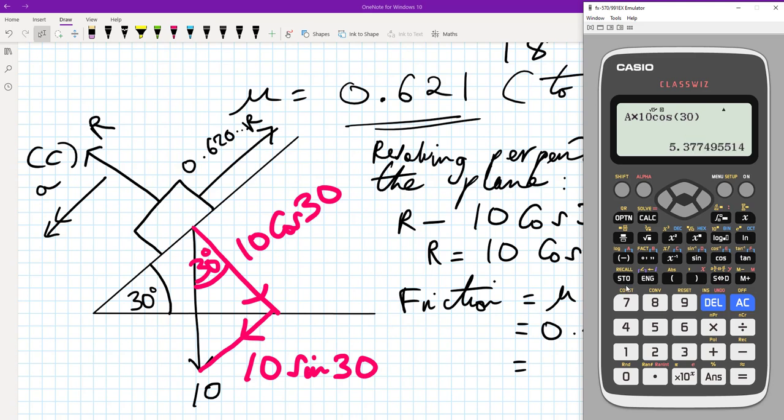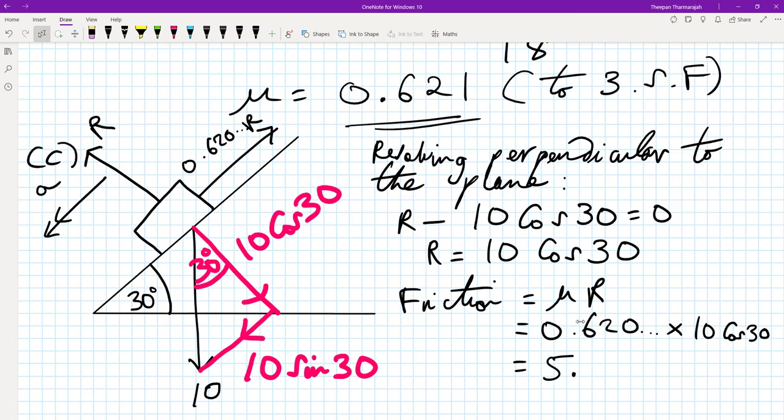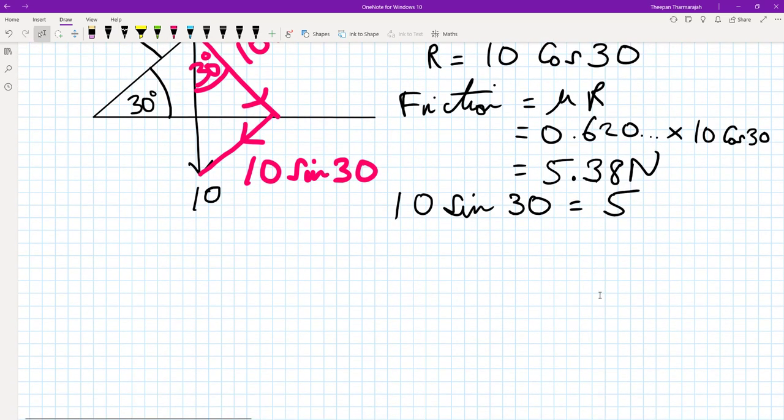So I'm going to get 5.38 newtons. Correct to three significant figures. So the force in the other direction coming down is 10 sine 30. But that's 5. So because the frictional force is greater than the force coming down, the friction is stopping it from trying to move.